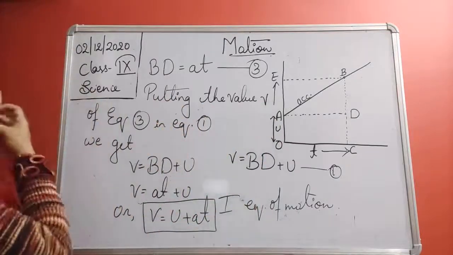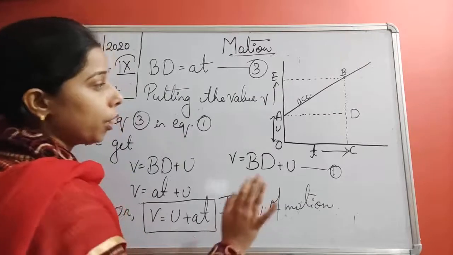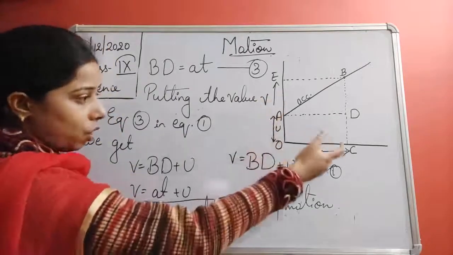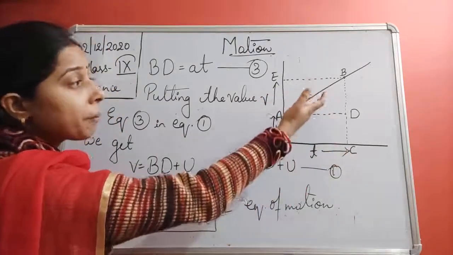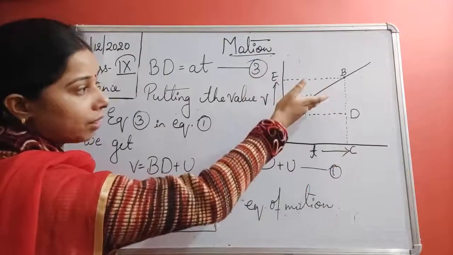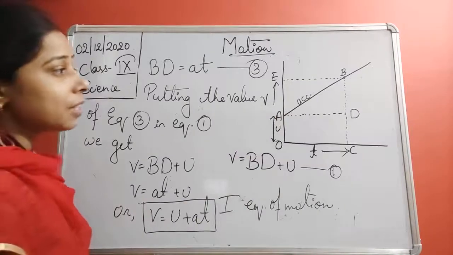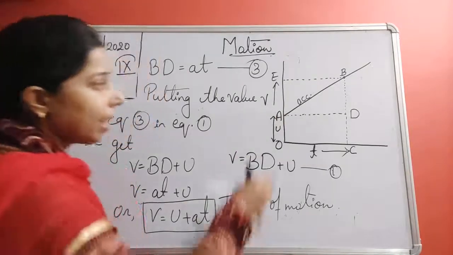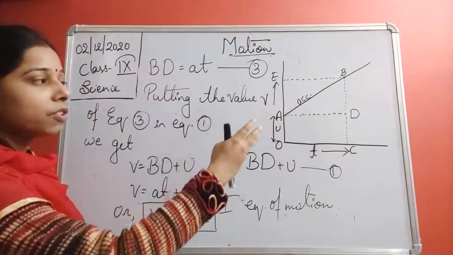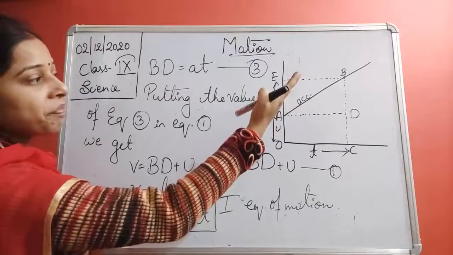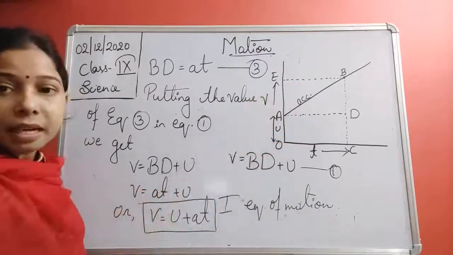So at first, if you want to find the acceleration, students, you know that since it is a velocity-time graph, the slope of the line will explain the acceleration. Acceleration is the slope of the line in the velocity-time graph.